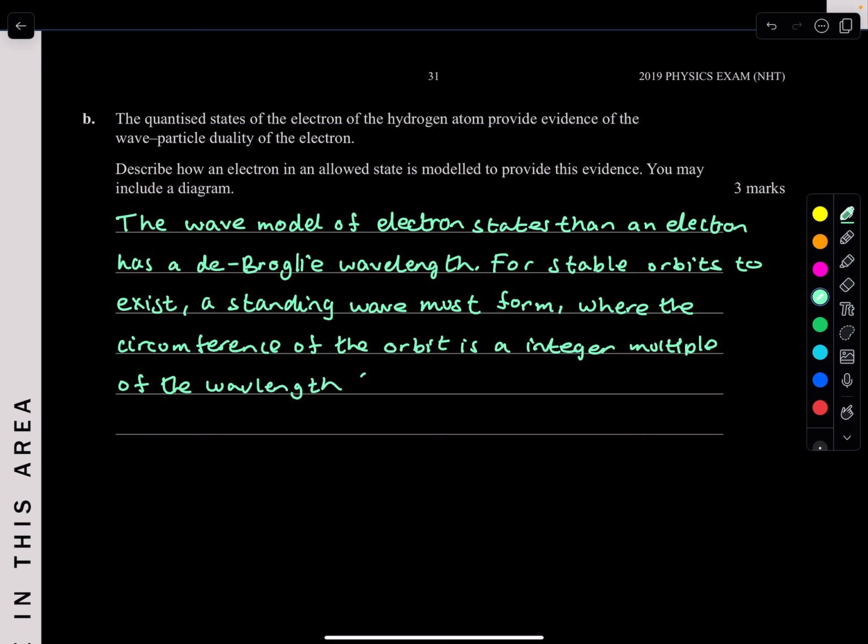And this whole formula describes it: n times wavelength equals 2 pi r, the circumference.